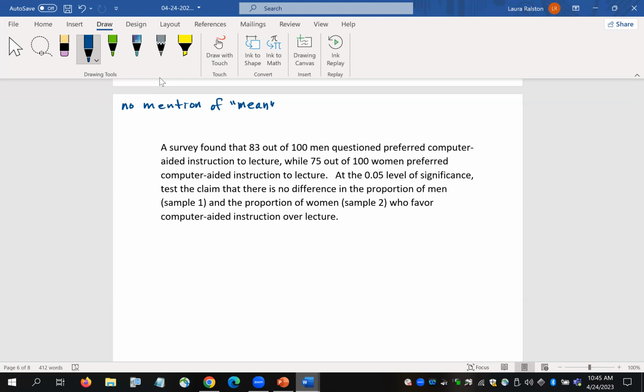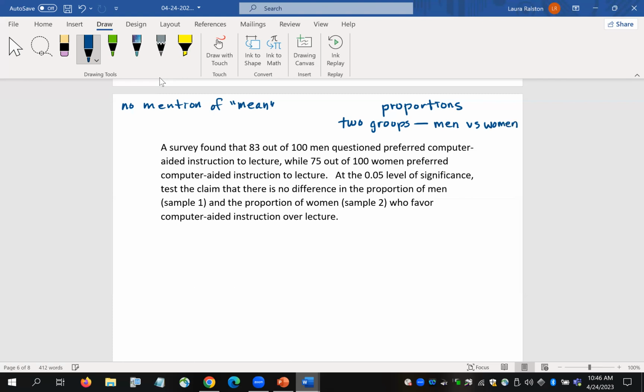But they're giving you proportions because they're telling you 83 out of 100 or 75 out of 100. So I realize, hopefully, that I have proportions. I actually have two groups that we're focusing on, because I have men versus women.